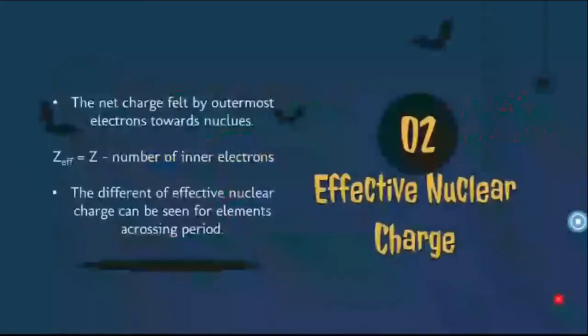So we go to the second one, which is effective nuclear charge. What is effective nuclear charge? It is the net charge felt by the outermost electrons from the nucleus. Sorry, the spelling of nucleus is wrong. Since the effective nuclear charge is the net charge, it always has a positive value.